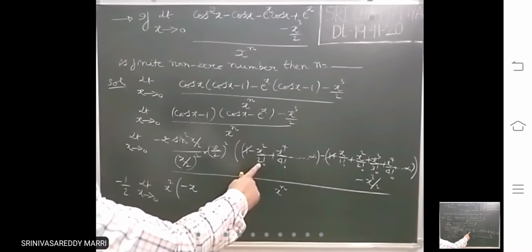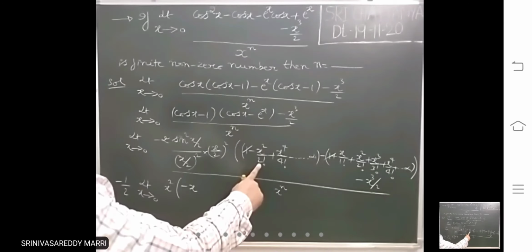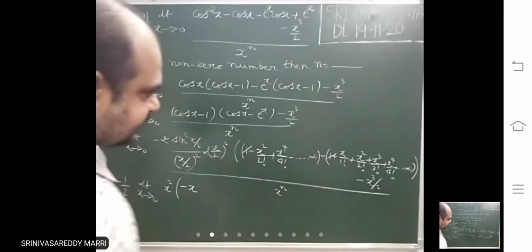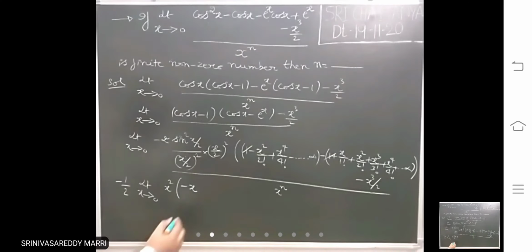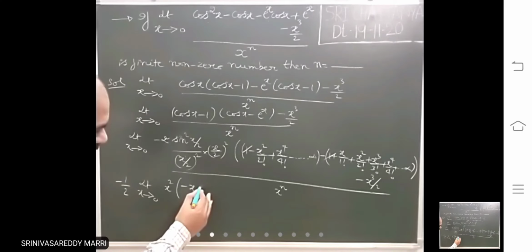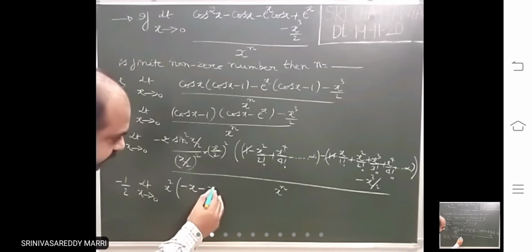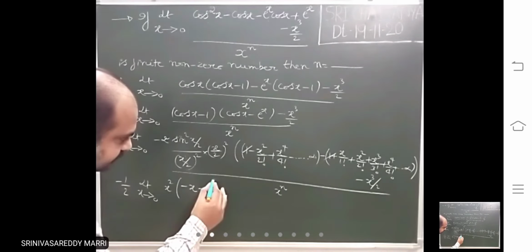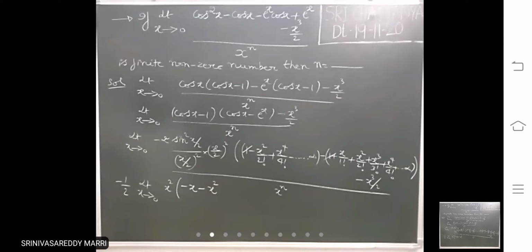So this will become minus x square by 2 minus x square by 2, that will become minus x square.